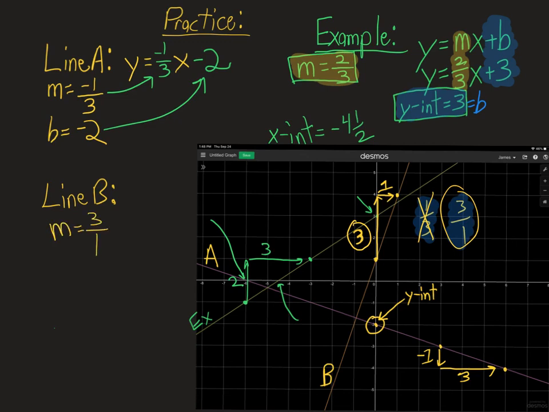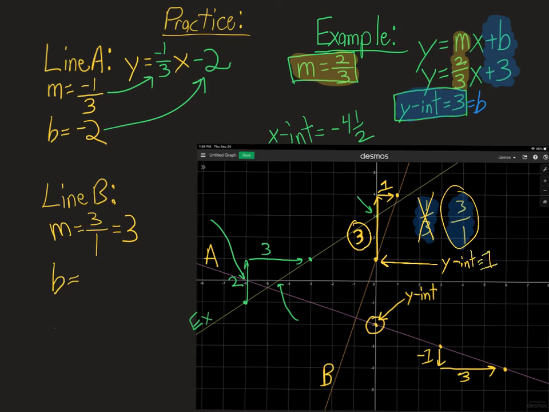3 over 1, and remember any fraction with 1 on the bottom, you can also just write as a whole number. So we can also just call the slope 3. 3 over 1 equals 3. And what's my b? Let's go look. Where's my y-intercept? And it's right there. It's right where I started counting for this problem, which is at 1. So we've got a y-intercept of 1.